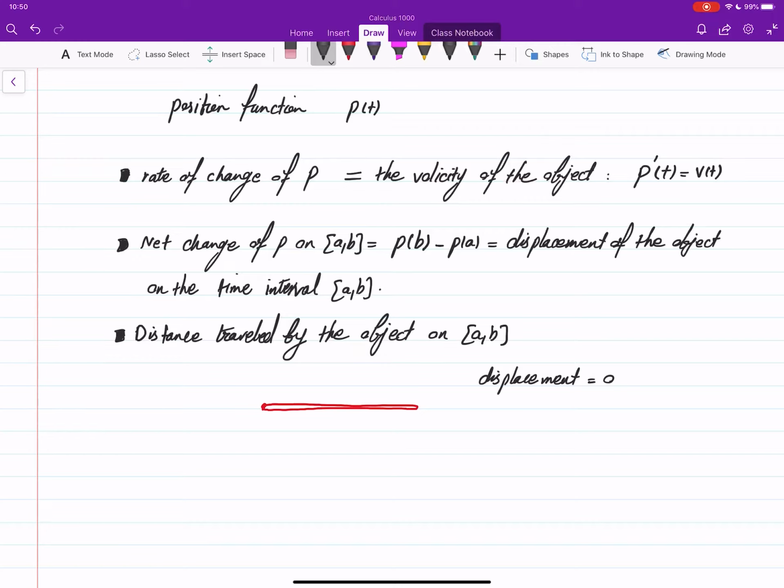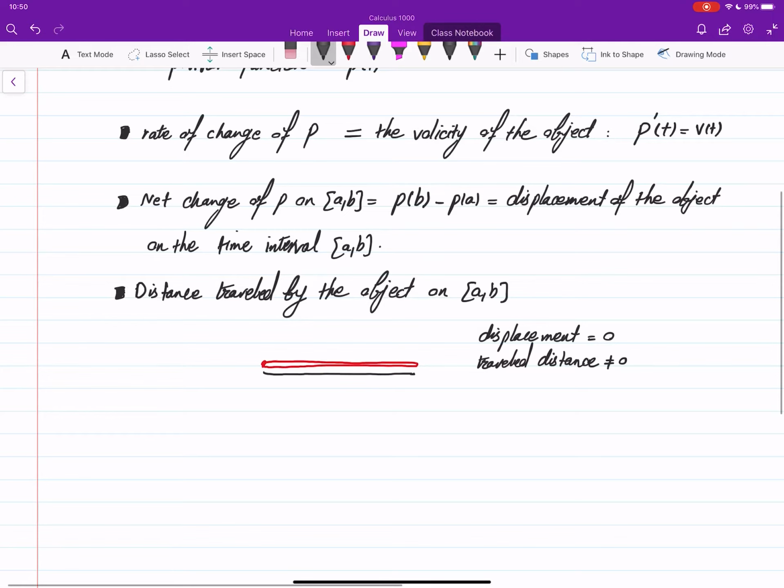But the traveled distance, well, it definitely traveled all the way here and then went back, so it is not 0. It traveled, but the displacement was 0.